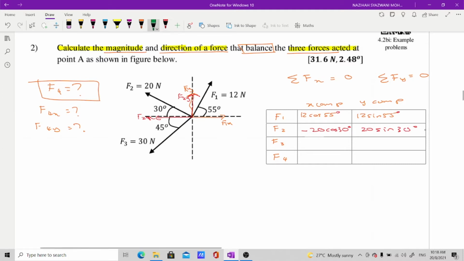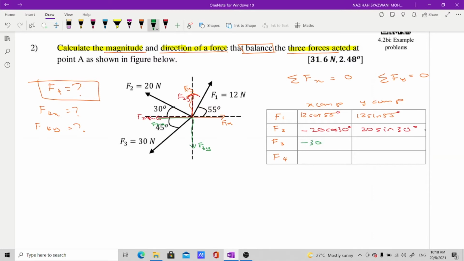Now let's look at F3 again. We can resolve F3 into two components as well. So this is F3y, this is F3x. F3x is to the left, so it will have a negative sign.